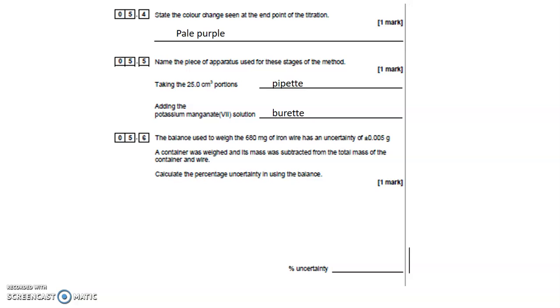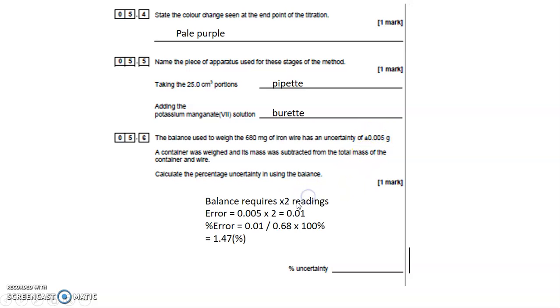You've got two results there, two readings. So what you do is you take the uncertainty and multiply it by the number of readings. That's times 2 is 0.01. So because I've got two readings, the uncertainty is doubled, and then the percentage error is the uncertainty divided by the mass of the iron that I use.